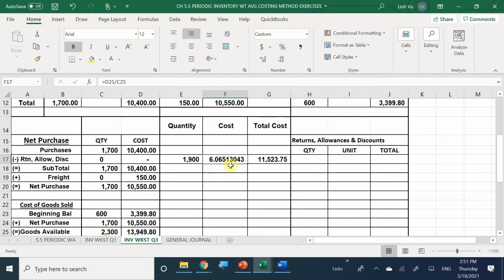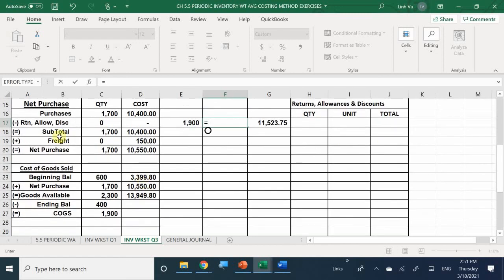So remember, we're going to take the total cost and divide it by our total quantity. My total cost is 13,949.80. I'm going to divide the whole thing by my total quantity, which in this case is 2,300.